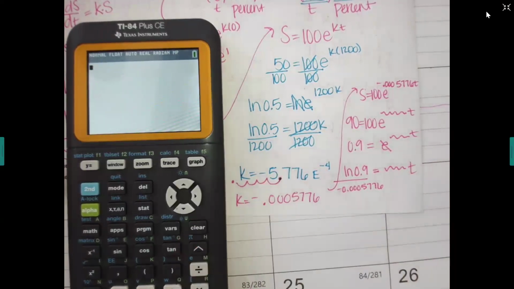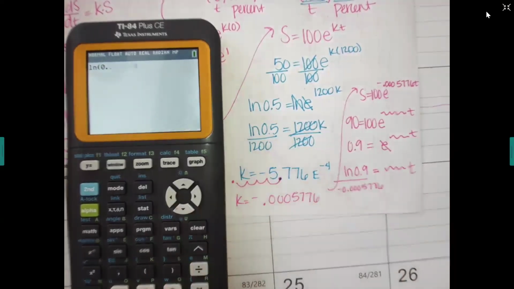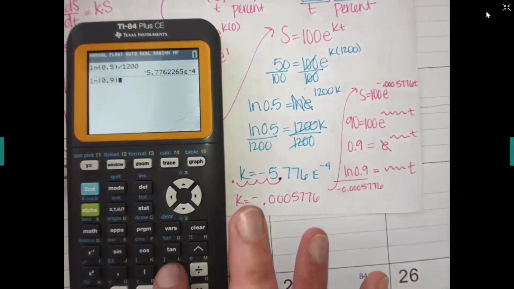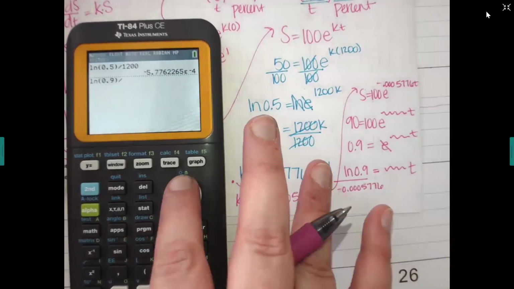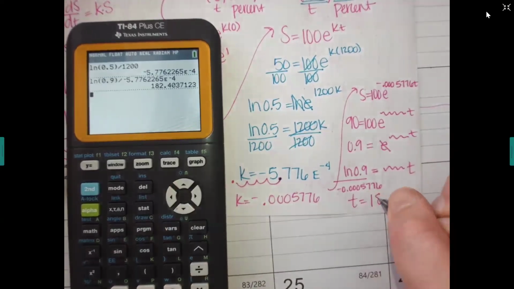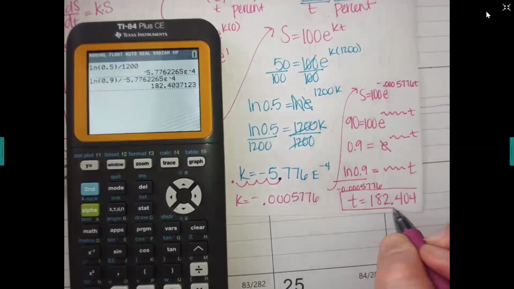You can just copy paste it. So it's the ln of 0.5 divided by 1200. And then it'd be ln of 0.9 divided by that number. So I got 182.404.